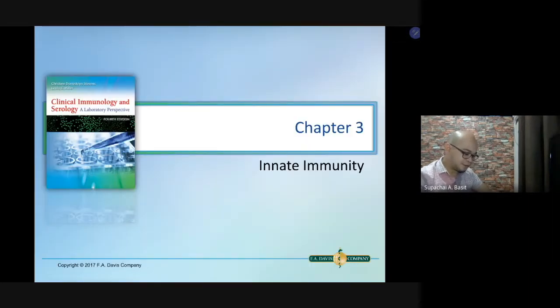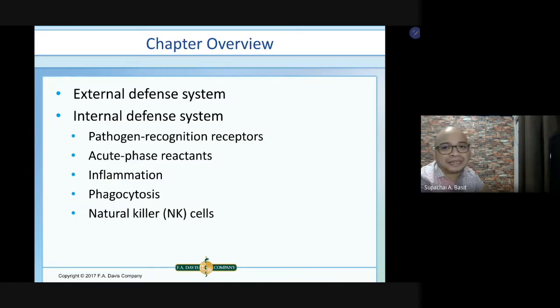Okay, so for this particular chapter or overview, we will be discussing the external defense system. These are considered as the first line of defense. And then, of course, we will also be having the second line of defense.